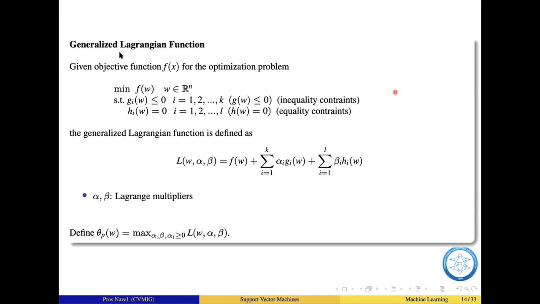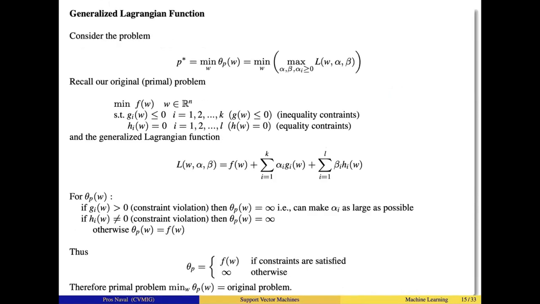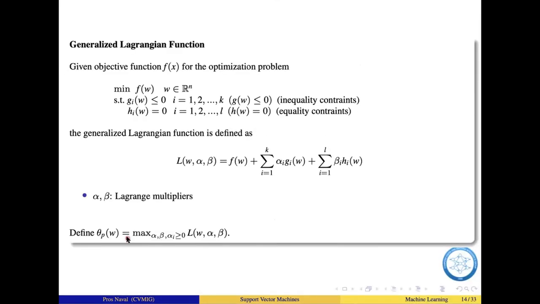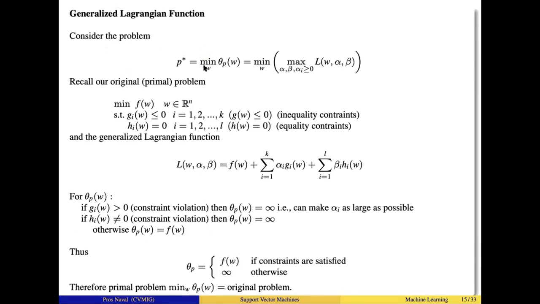So we don't want to have that. Now we have the following problem. We have defined this quantity here, which is to maximize this value. Now we want to minimize this quantity, which means that we also want to minimize the maximum of this quantity. So consider the problem where this is theta p.